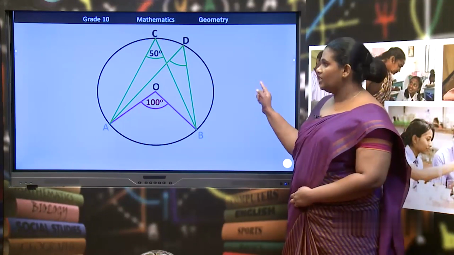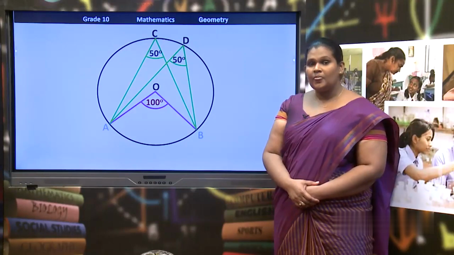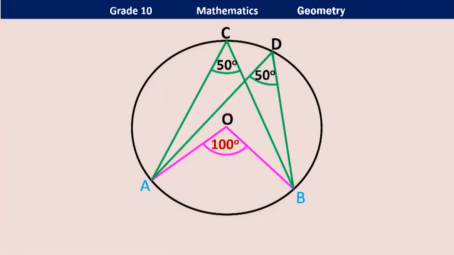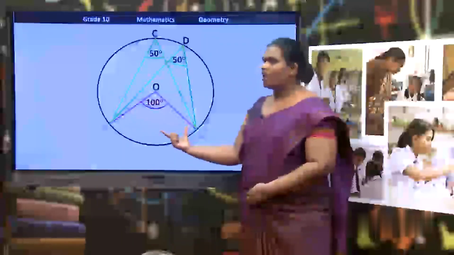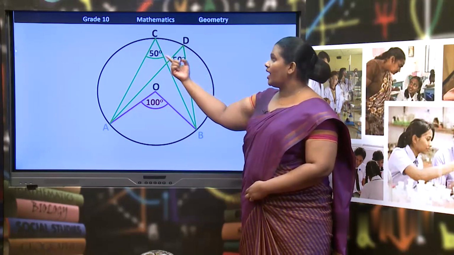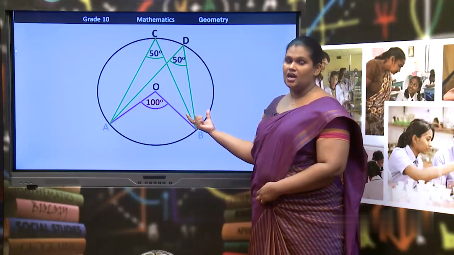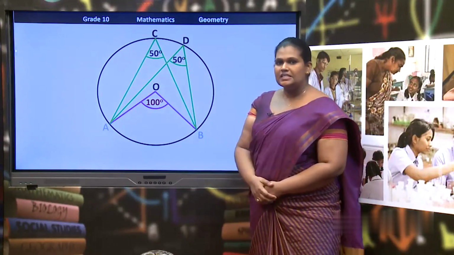Right. Once again, that should also be 50 degrees. Why? Once again, it is also related to the theorem we have just learned. Here they have used the same minor arc. So, these two angles are subtended by the same minor arc and the remaining part of the circle.